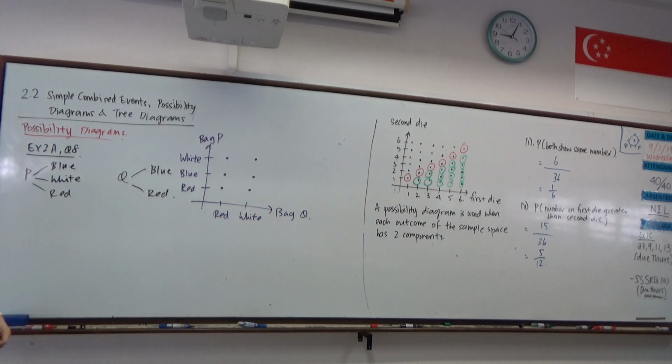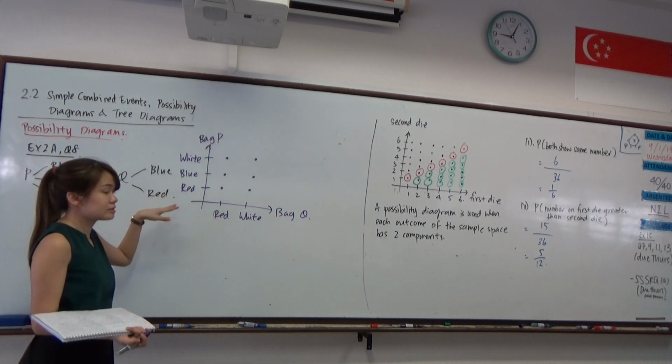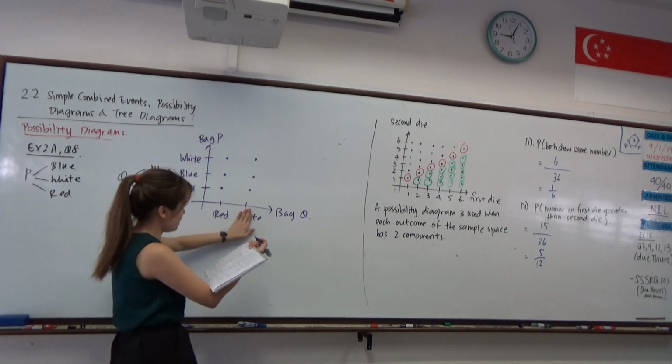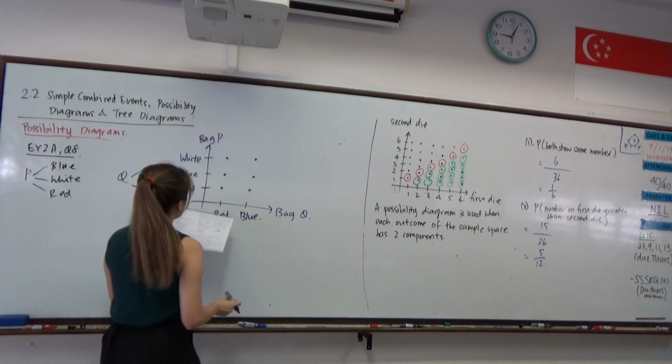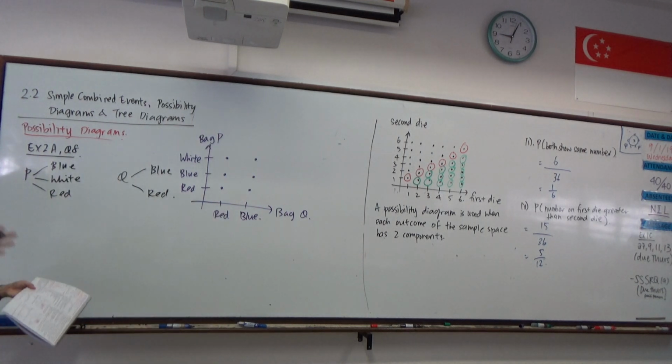So in this case, likewise, the total possible outcomes will still be 6.